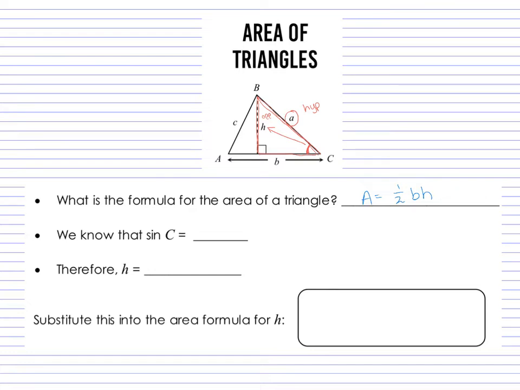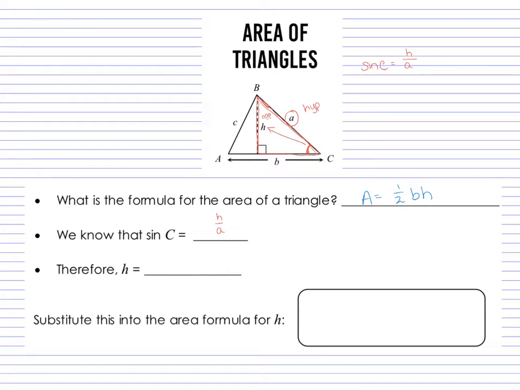So the trig function that relates those two sides is going to be the sine function. The sine of angle C is equal to the opposite, which is H, over the hypotenuse, which is A. So we can fill that in down here: sine of C is H over A.